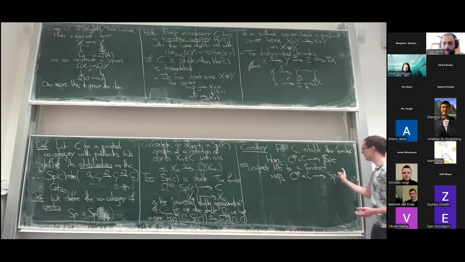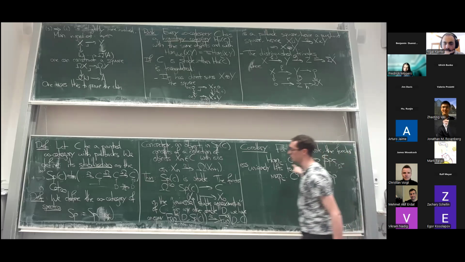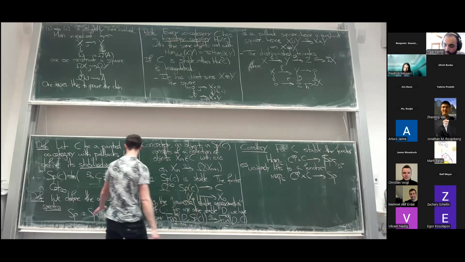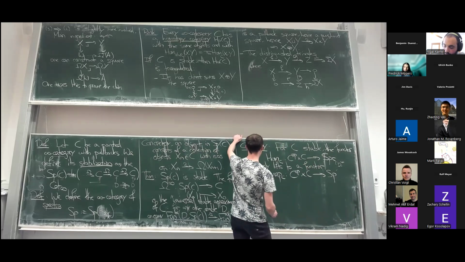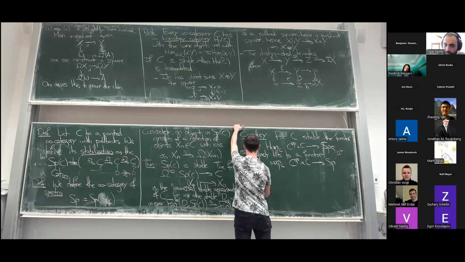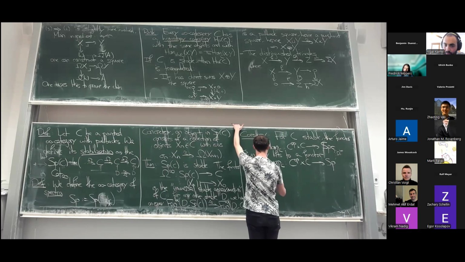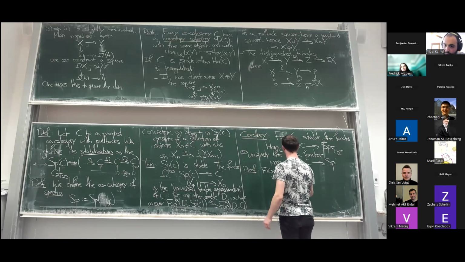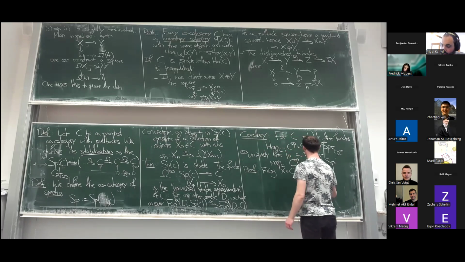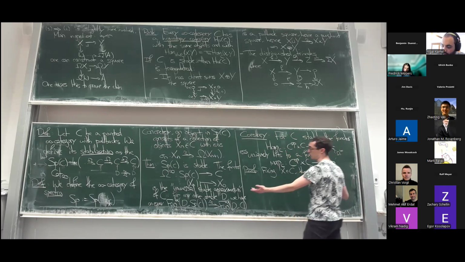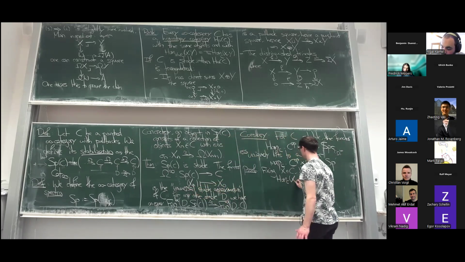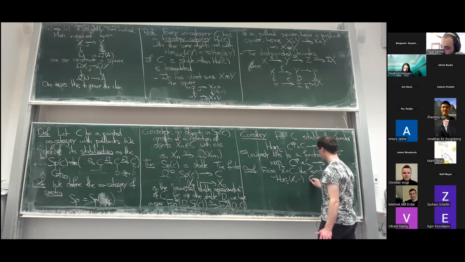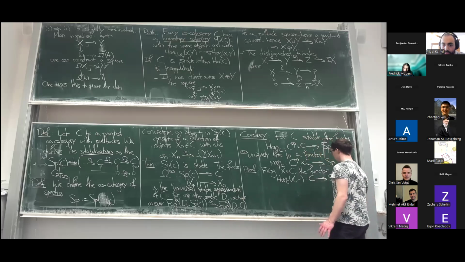And by lifts, I just mean if you apply the functor omega infinity from spectra to spaces, you get back your original functor. And we just apply this universal property of stabilization, or if we fix a variable, then mapping out of X is a functor from C into spaces.